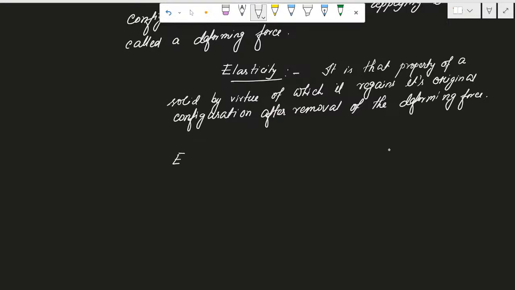Now, elastic limit. What do you mean by elastic limit?